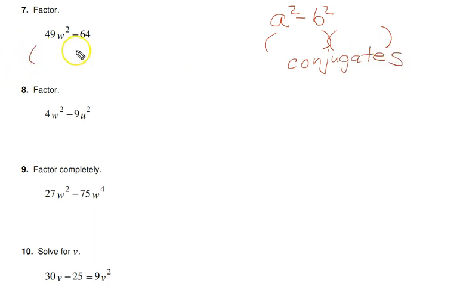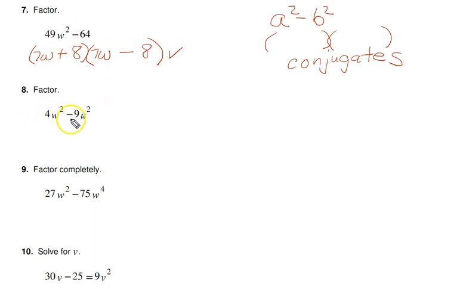So what are the conjugates of this? Well, it's going to be 7w and 7w, and then 8 and 8, and one is a plus and one is a minus. And you could FOIL that to check it, and this checks.